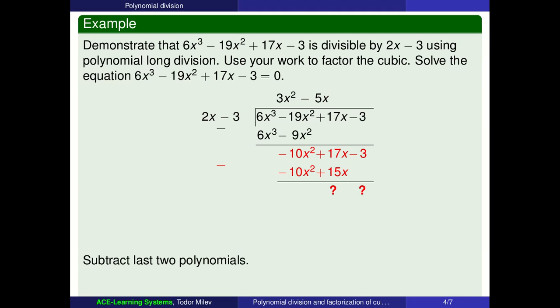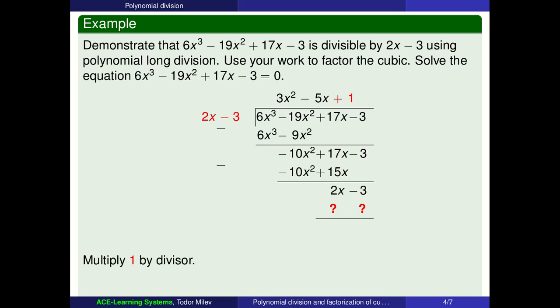Okay, now let us subtract minus 10x squared plus 15x from the intermediate dividend, and we get 2x minus 3. Again, we identify the highest order term, that is 2x, divided by the highest order term in the divisor, 2x, to get 1.